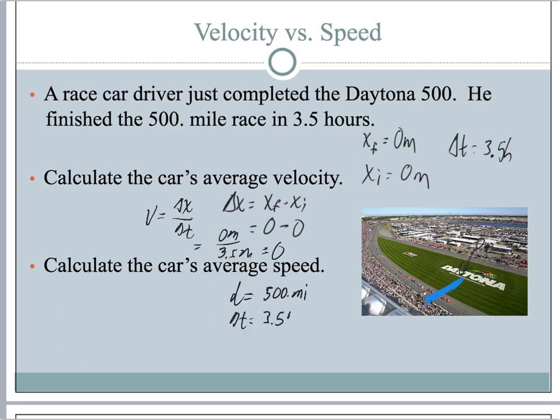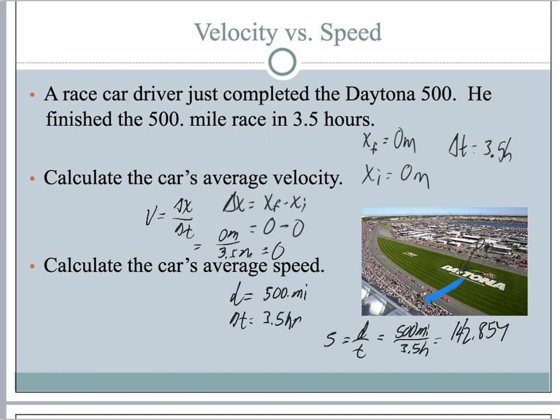That hasn't changed. And we know that speed equals the distance over the time. So the distance is 500, the change in time is 3.5 hours. When we divide our 500 by the 3.5, we get 142.857.